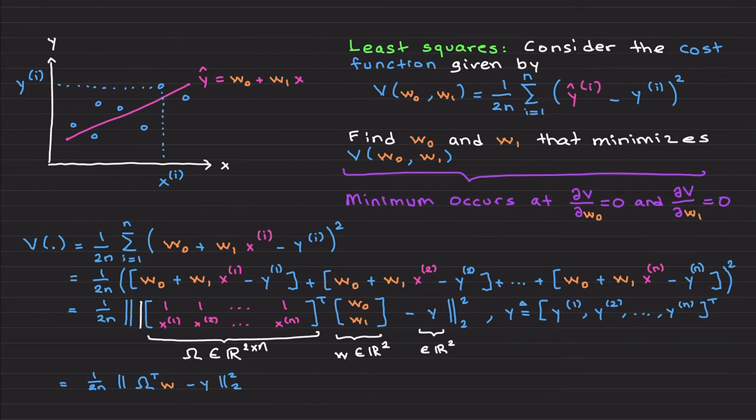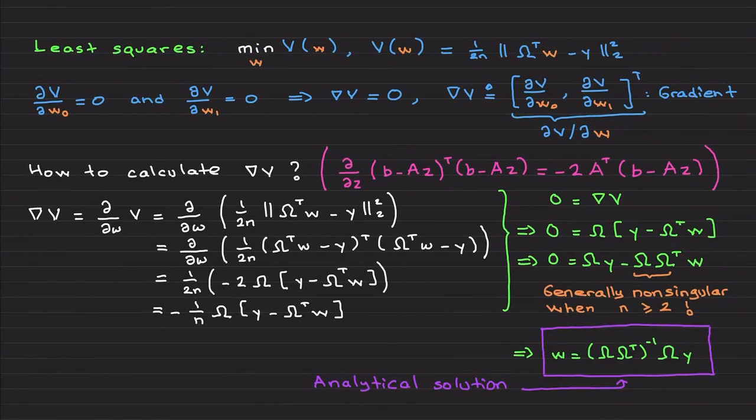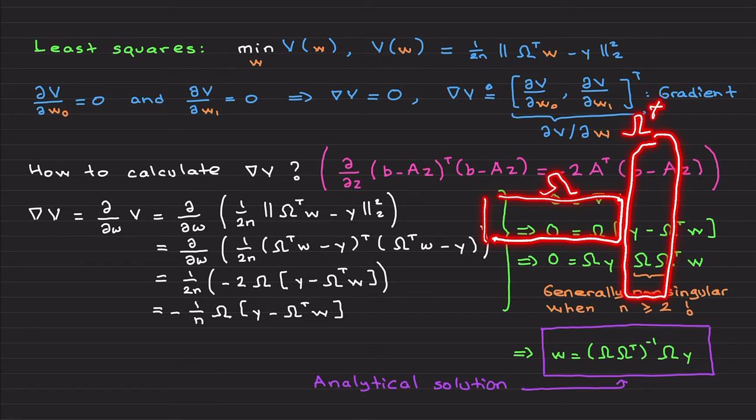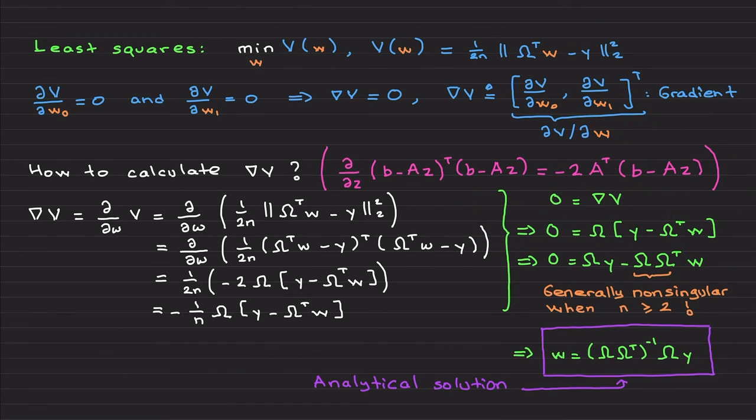Turning back to our question, when this matrix is invertible. So basically omega is a 2 by n matrix. And if n is larger than 2, then we call it a fat matrix. You are multiplying it with its transpose. This is omega multiplied by omega transpose. In this case, this is non-singular.